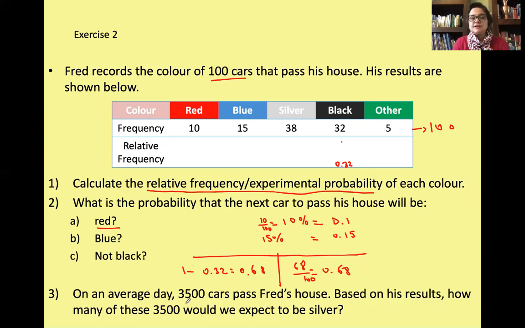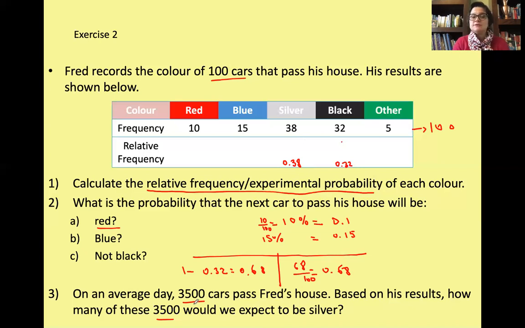On an average day, 3,500 cars pass Fred's house. Based on his results, how many of these 3,500 would we expect to be silver? Silver here, so the probability of having a silver car passing Fred's house is going to be 0.38 or 38%.